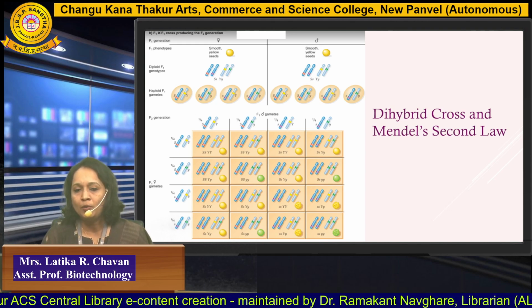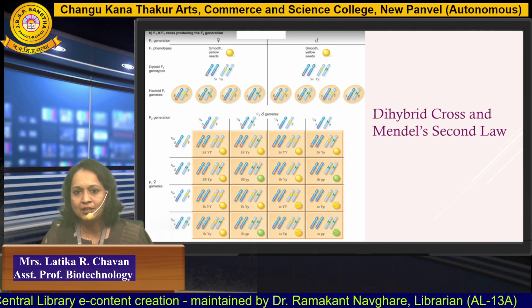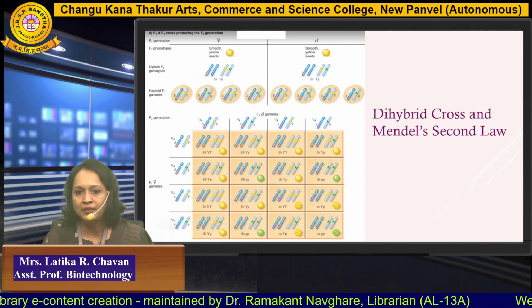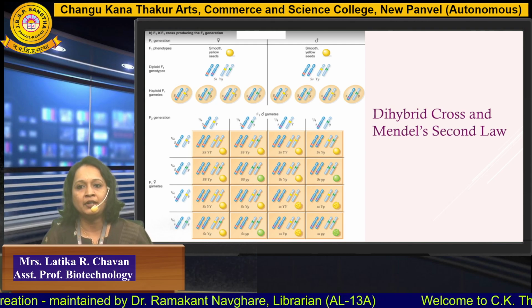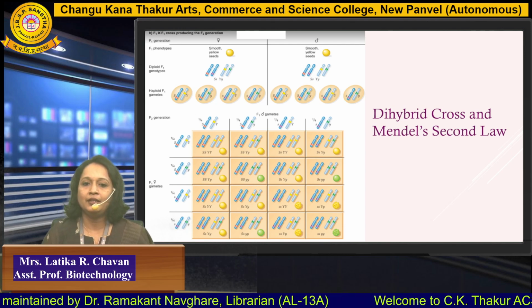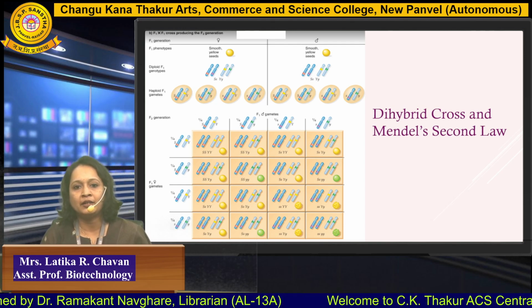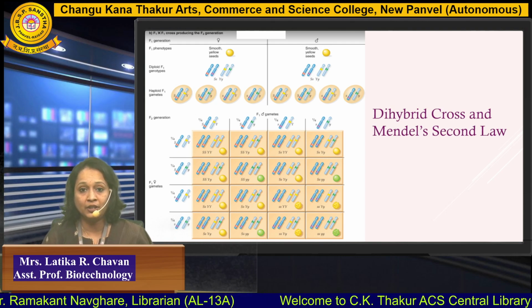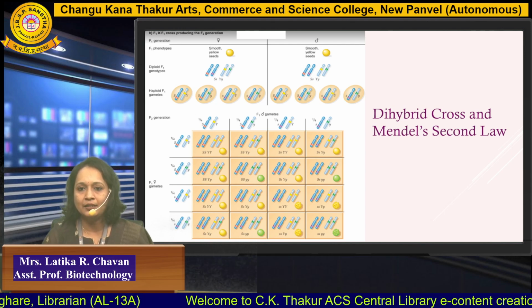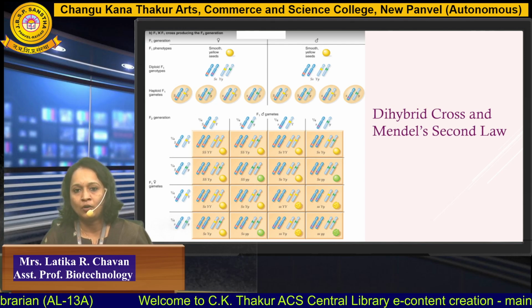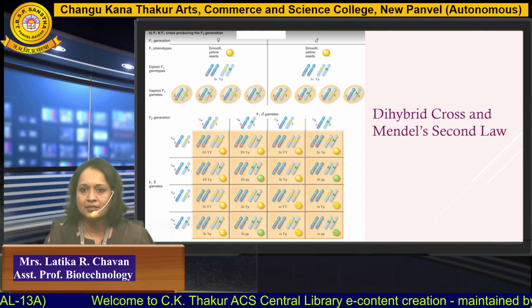Whatever new combinations are produced in the progeny are the result of independent assortment, because inheritance of yellow is not dependent on inheritance of green, and inheritance of round is not dependent on inheritance of wrinkled. If it were dependent, new combinations would not be possible. So the result is because of the law of independent assortment, which is the second law.